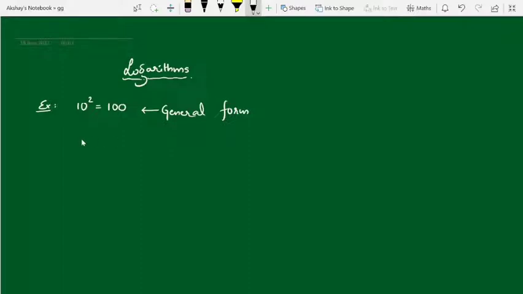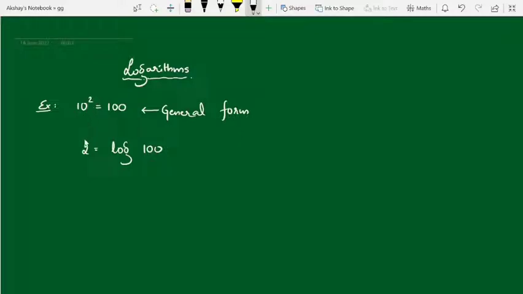So in logarithmic form, how are we going to write it? We are going to consider this power, which is nothing but 2. So 2 is equal to logarithm of, or log of, this value. What is this? 100. Very good. So 100, and this 10 is remaining now.